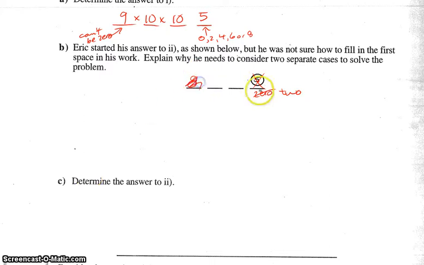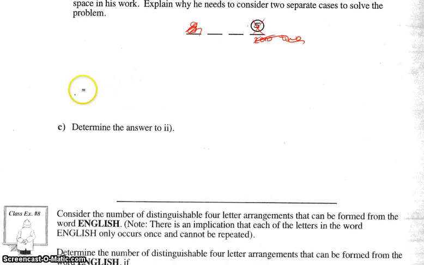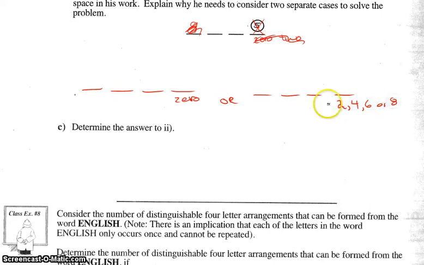As a result, we need to do this with 2 different scenarios. I'll just write it here. We would have the choice when 0 was used in the last position, or the situation where 2, 4, 6, or 8 was used in the last position.